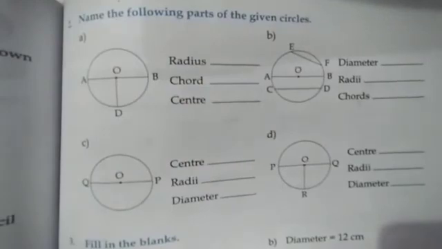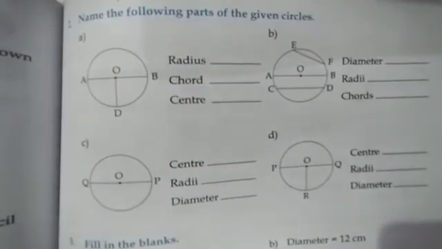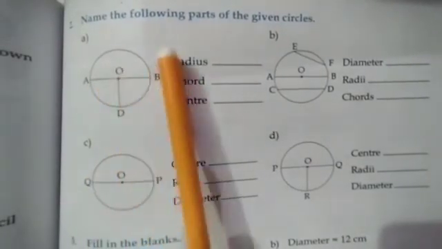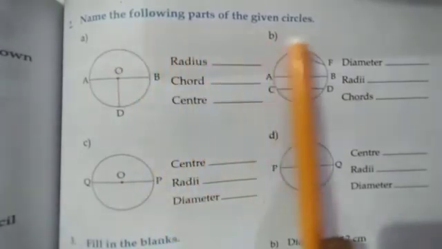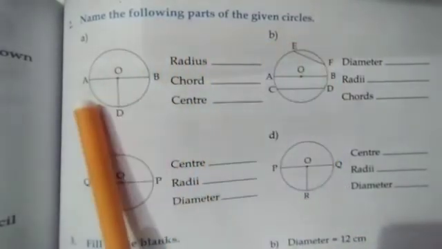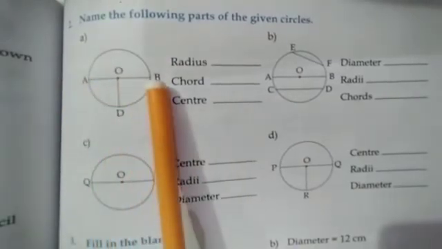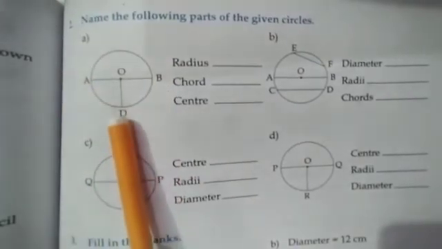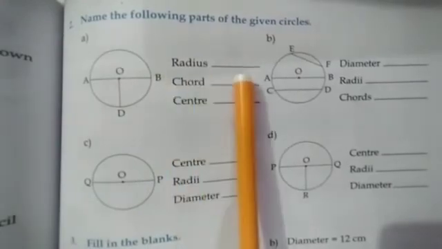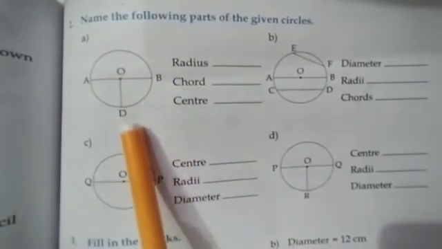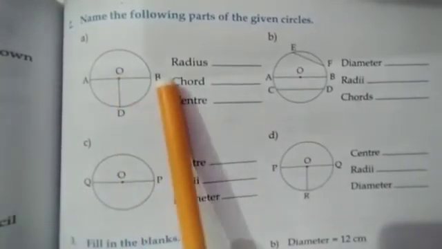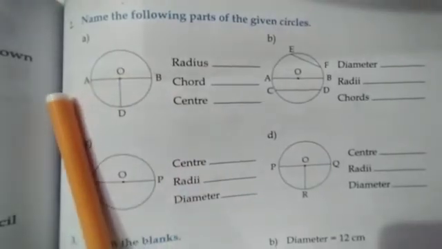Next, name the parts of the given circle. One circle is given, AOB is a diameter, OD is a radius. Then you can write the radius. Which is the radius? OD is the radius, OB is the radius, and OA is the radius.